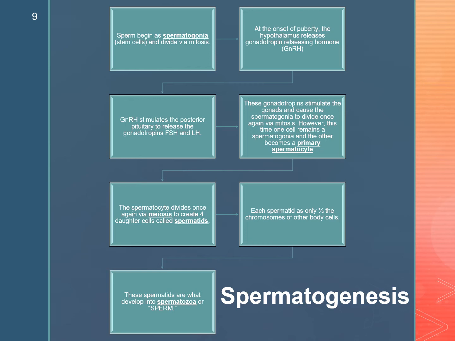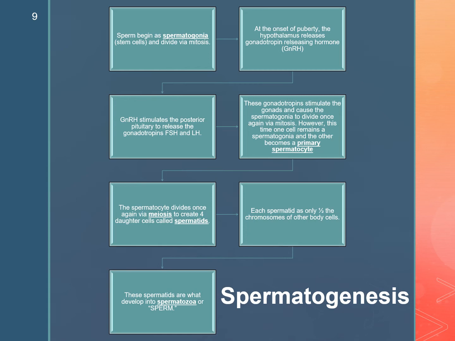Now, the spermatocyte is going to divide again, but this time it's going to be different. This time the spermatocyte is going to divide by meiosis. Remember, meiosis, making more me's, making more of myself, right? And instead of resulting in 2 daughter cells like the mitotic divisions, meiosis results in 4 daughter cells, and this is because each of these have half of the amount of chromosomes as any other body cells do, right?